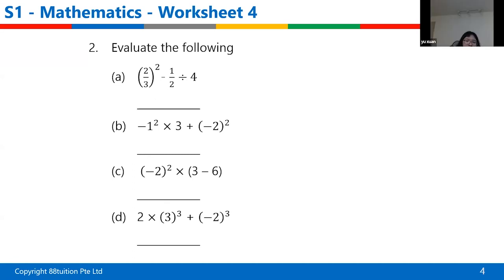Can we use calculator? Actually, you can. So if you use calculator, let's see what happens. I also hope you know how to key in a calculator. Let's see whether you get a correct answer or not.